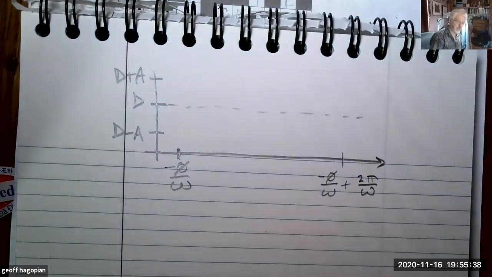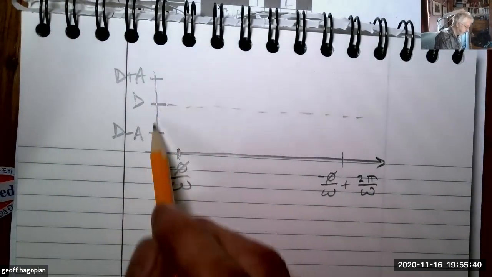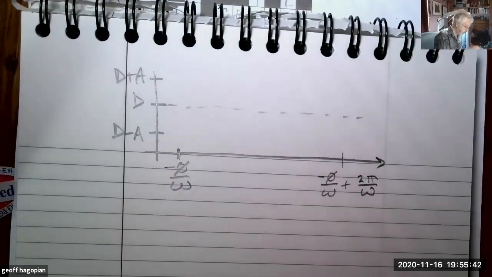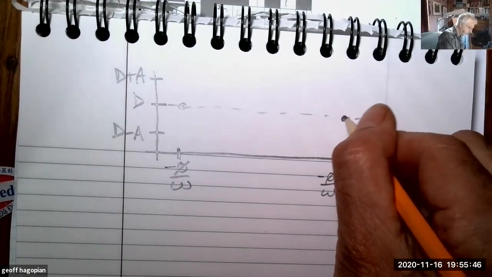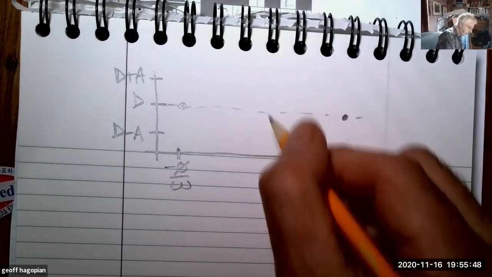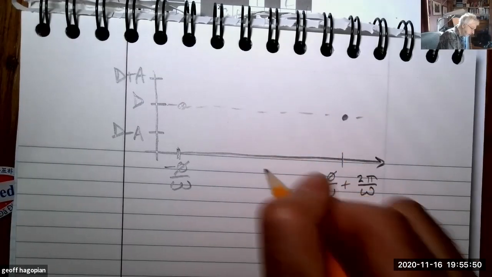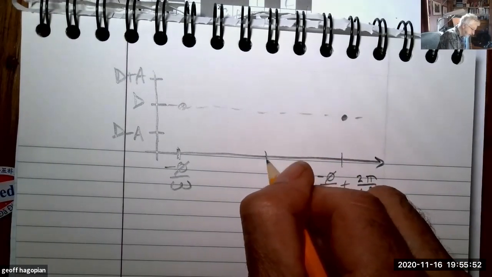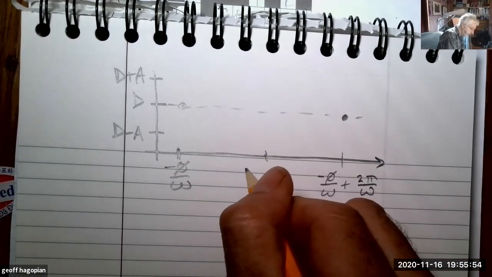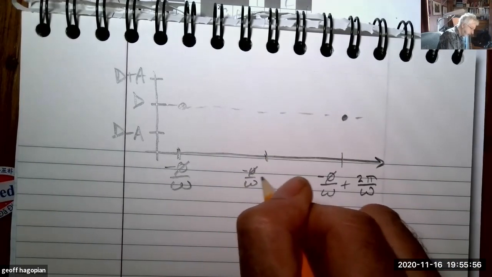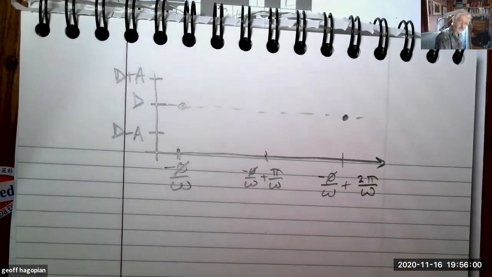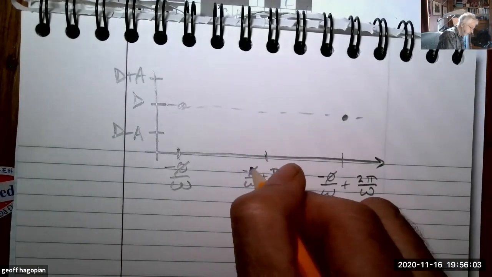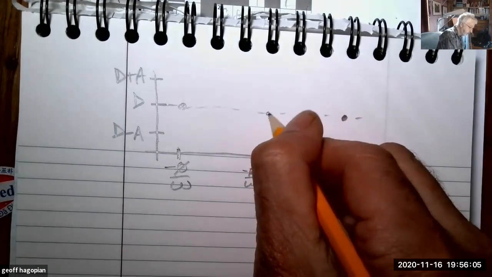So you've got your equilibrium, up an amplitude and down an amplitude, right? You start at equilibrium and end at equilibrium for a sine graph. Halfway through, which is going to be at negative phi over omega plus pi over omega, that's half of 2 pi over omega, so half a wavelength, you're going to be at equilibrium.